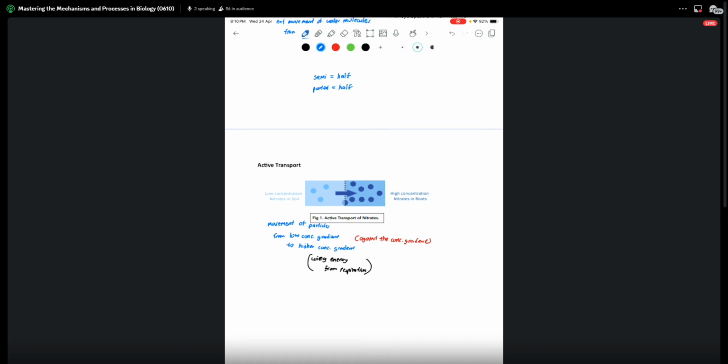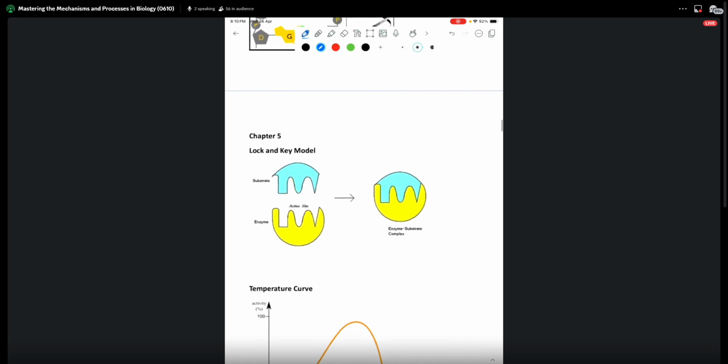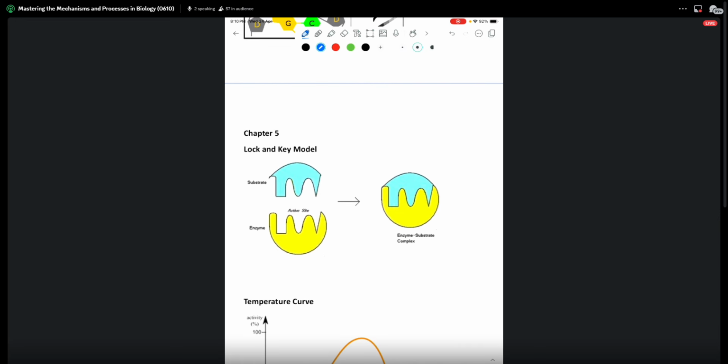Okay, awesome. All right, now let's move to chapter 5, enzymes. For enzymes, the first part should be very simple. The lock and key model. So we always have an enzyme, and we have a substrate.